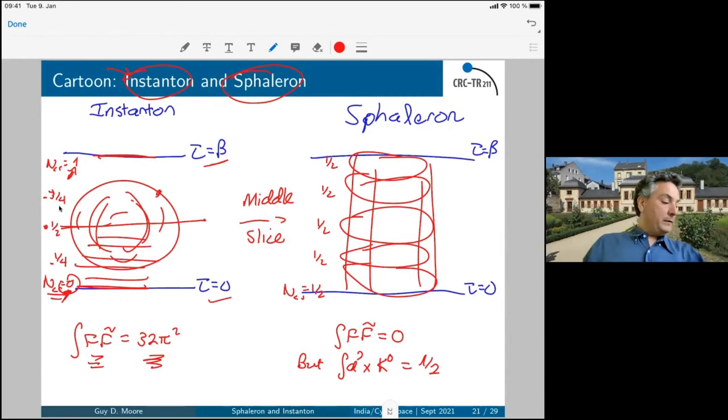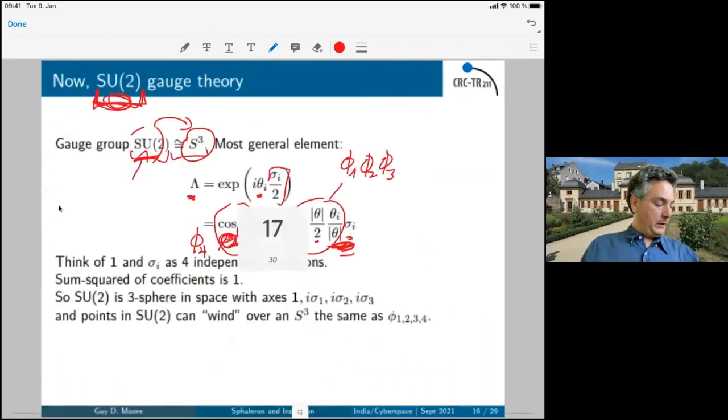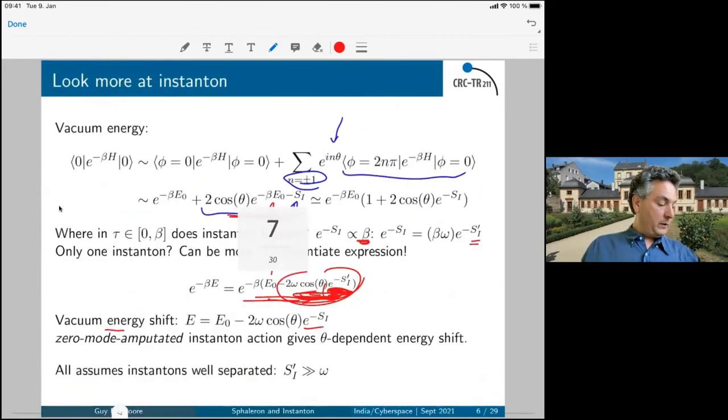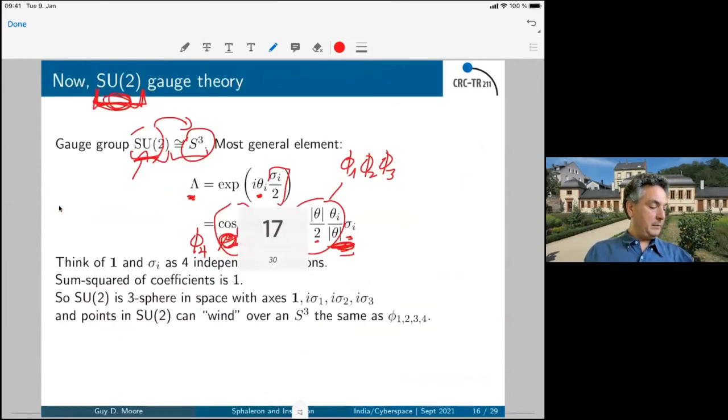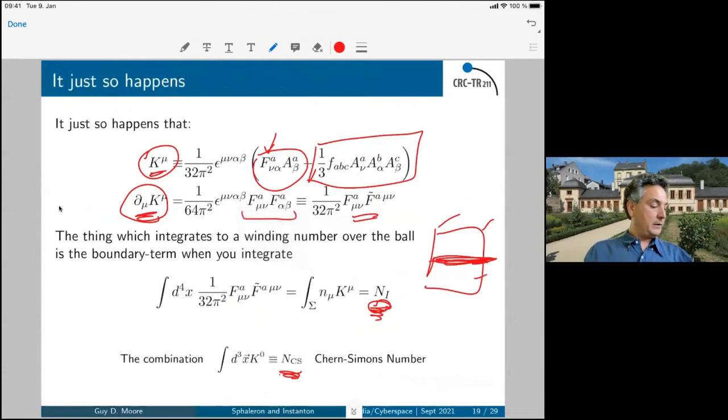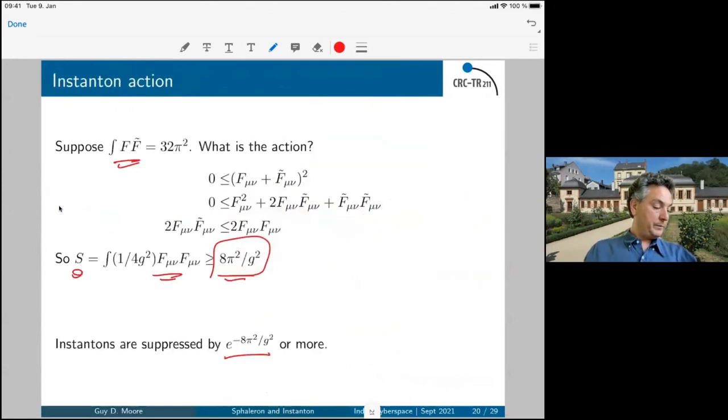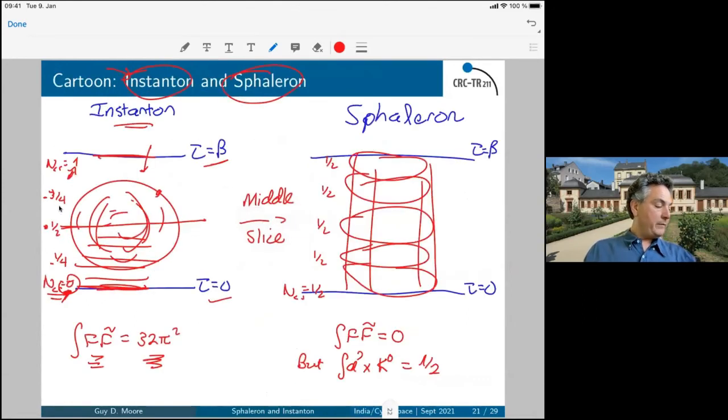The Sphaleron, so this blob is equivalent to what we did back here when we swung from 0 to 2 pi. We had nothing, and then in some region we swung, and then we reached 2 pi, and that's the same here as having, where am I? Nothing, and then having a blob, and then being at Chern-Simons equal to 1.